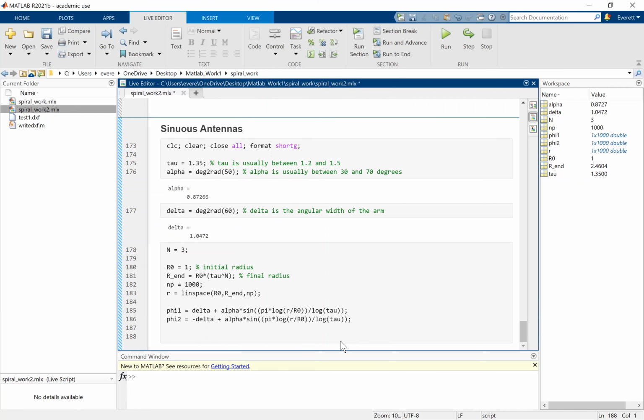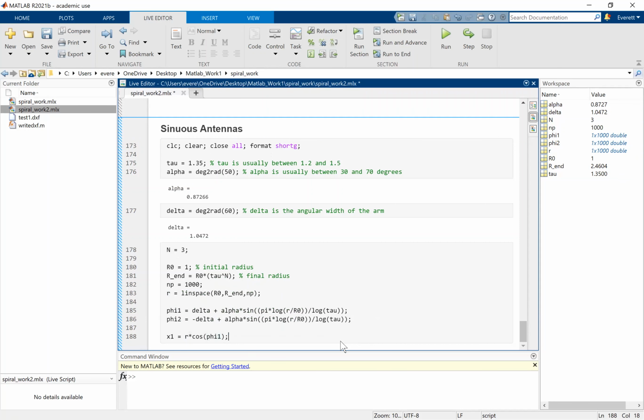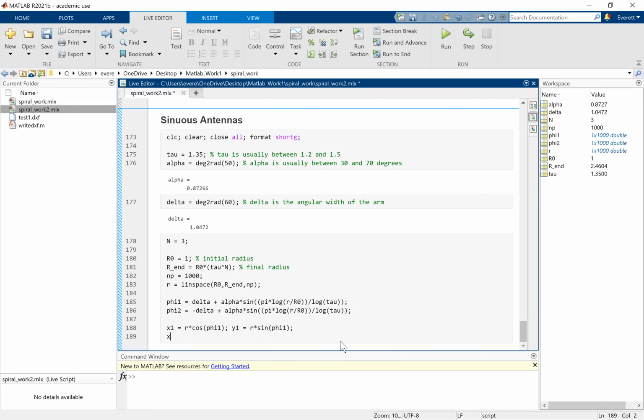To convert, our x1 variable is just going to be r times cosine of phi1, and our y variable is r times sine of phi1. And then we also need it for phi2, so we do r times cosine of phi2 and r times sine of phi2.